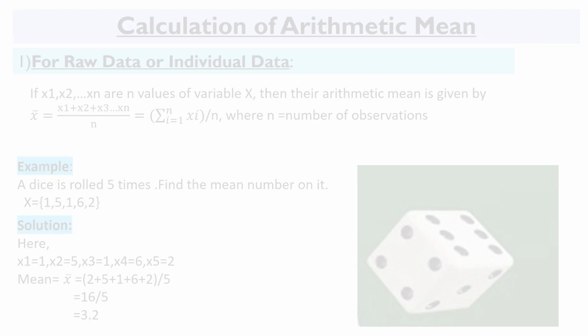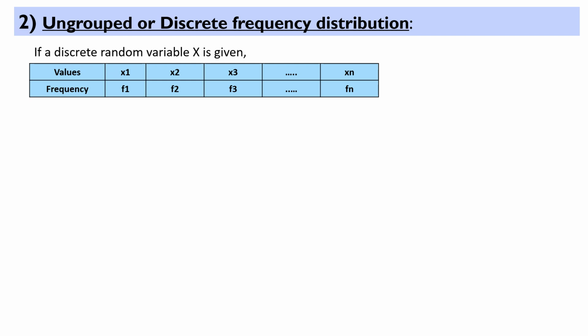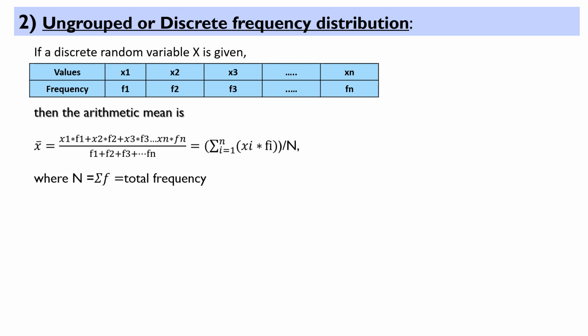discrete. For an ungrouped or discrete frequency distribution, if a discrete random variable capital X is given with values x1, x2 till xn and corresponding frequencies f1, f2 till fn, then the arithmetic mean is x1 into f1 plus x2 into f2 and so on till xn into fn, divided by capital N, which is the total frequency of the given data.